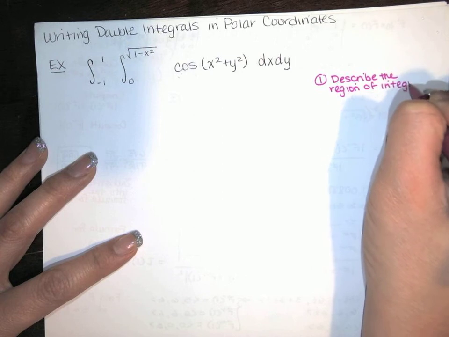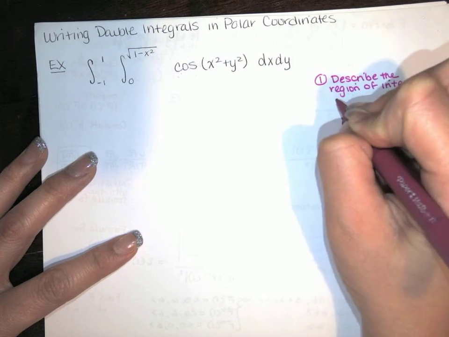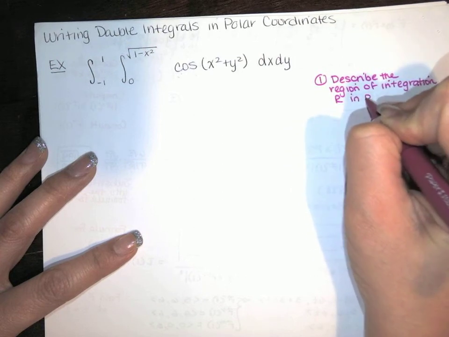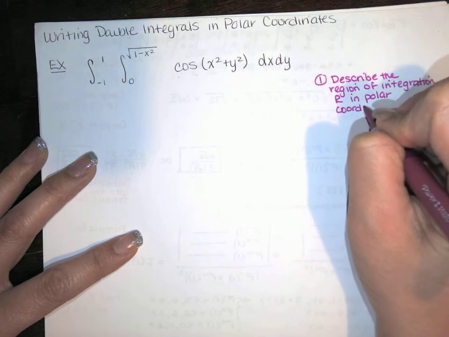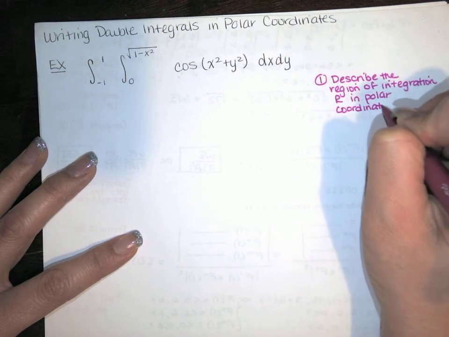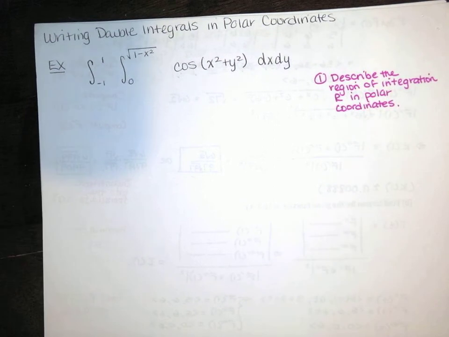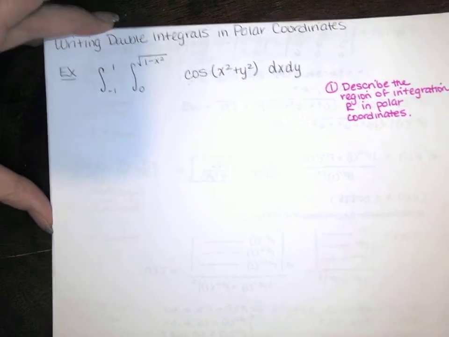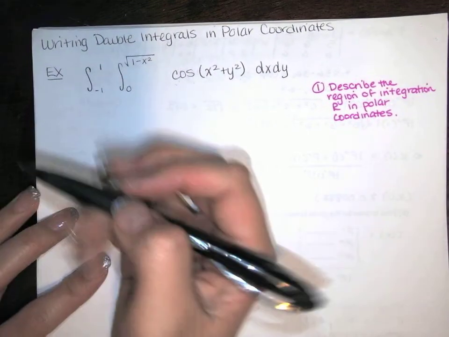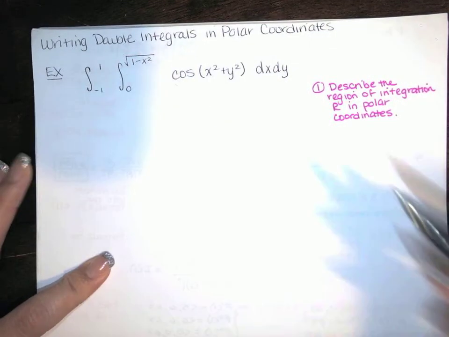And the easiest way to do that is to sketch the region and then use our sketch to infer the range of values for r and theta, or to find the bounds for r and theta. They may be functions. Okay, so the first thing we do is sketch the region.